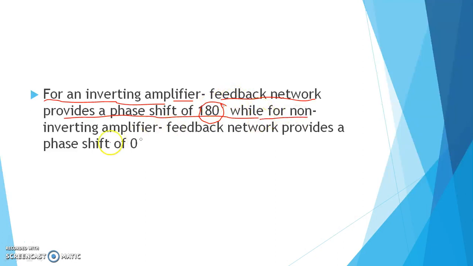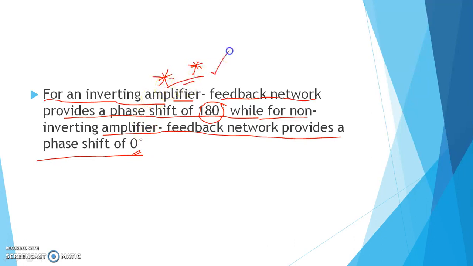While for non-inverting amplifier, the feedback network provides a phase shift of 0 degree. Why? Because already the basic amplifier for non-inverting case is providing 0 degree phase shift. So obviously to maintain total phase shift as 0 degree, the feedback network must provide phase shift of 0 degree. Okay, this is very important concept for oscillator discussion.